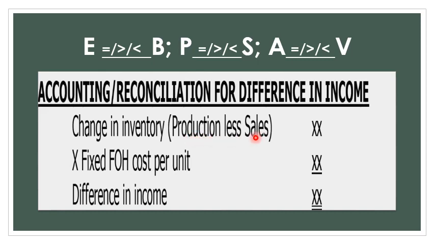So, for example, sa problem natin, we have 40,000 units of production pero ang nabenta lang ay 37,000 units. So, merong change in inventory. Meron tayong 3,000 units change in inventory. And, imumultiply natin yun sa fixed factory overhead cost per unit. Then, yun yung difference in income natin.